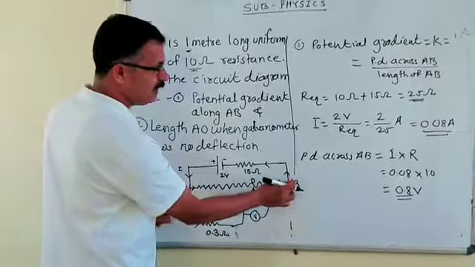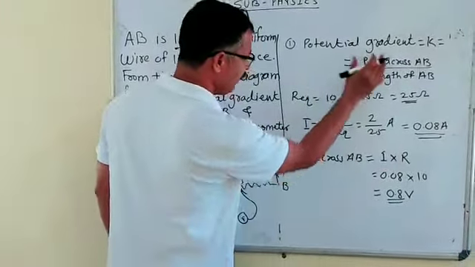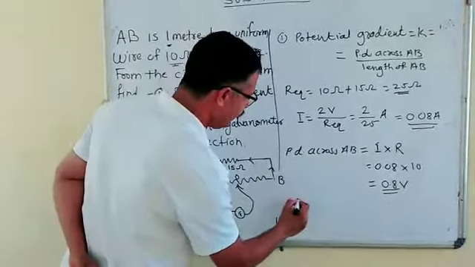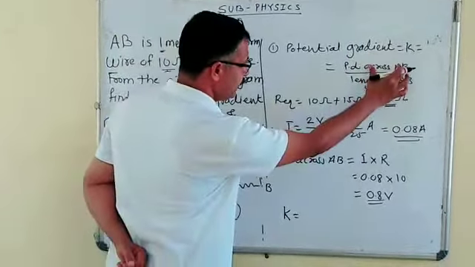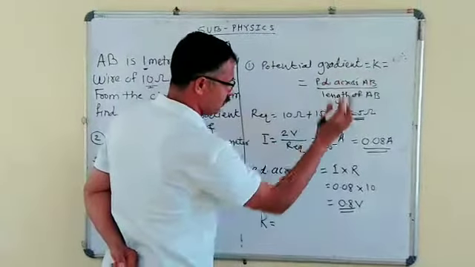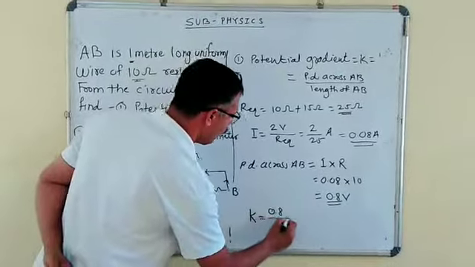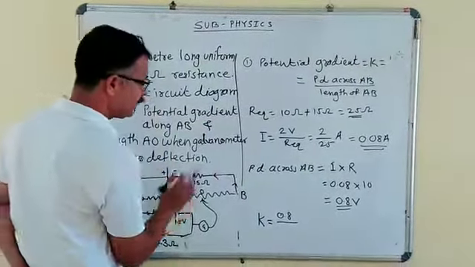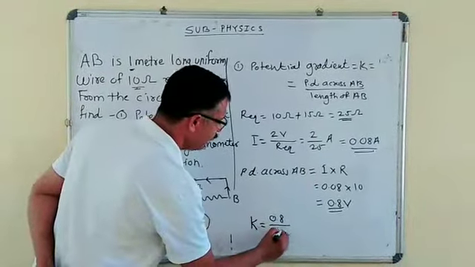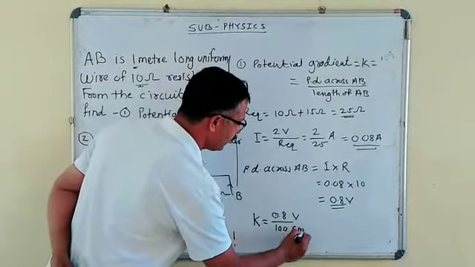Now it is quite easy for us to determine the potential gradient. Using the values in this equation, K is equal to the potential difference across AB, that is 0.8, upon the total length of AB, that is 1 meter, which means 100 centimeter.